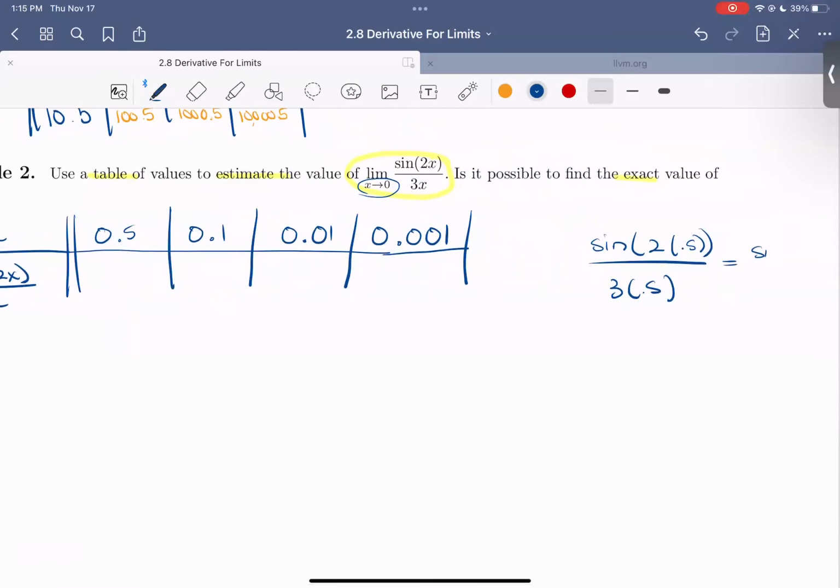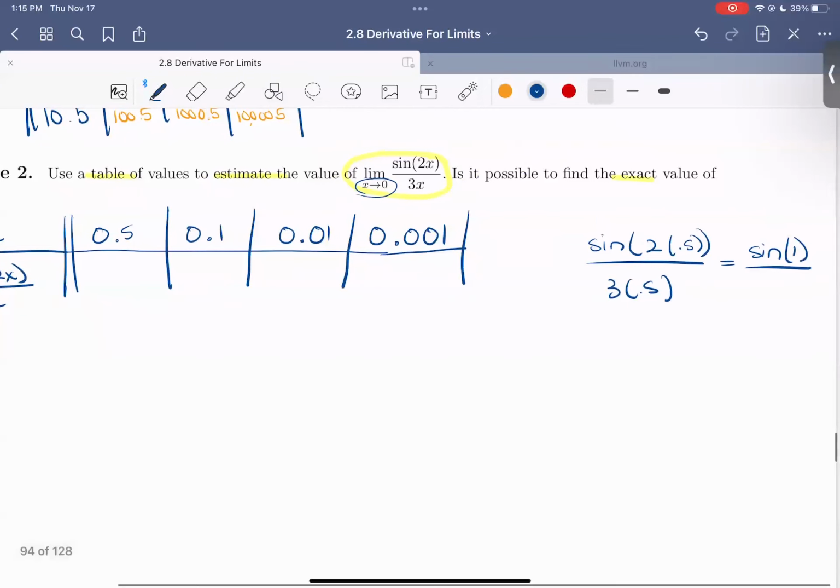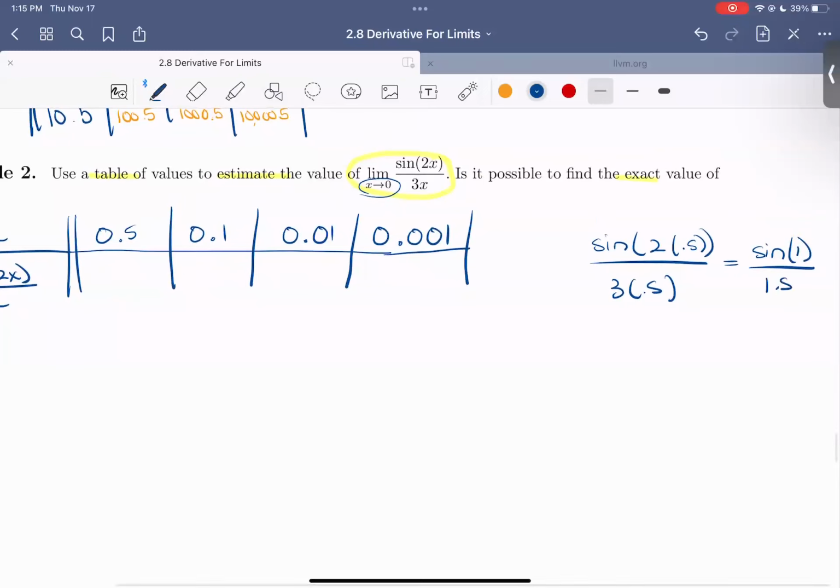So when we compute 2 times 1/2, we get sine of 1 over 3 times 1/2, we get 1.5. If I go to my calculator, I can compute that we get around 0.561. So the output here is 0.561.